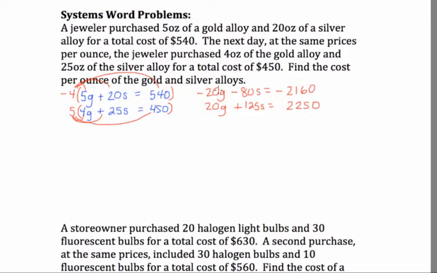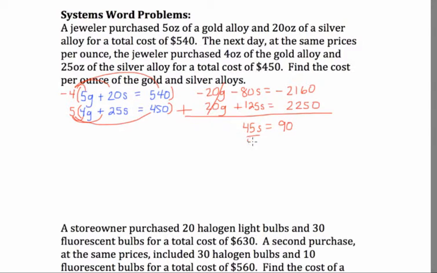So on the G's, I have same coefficient, opposite sign. That's what I need for the addition method, so that when I add these 2 equations together, those will cancel out, add up to be 0. Negative 80s plus 125s is 45s. Negative 2,160 plus 2,250 is 90.